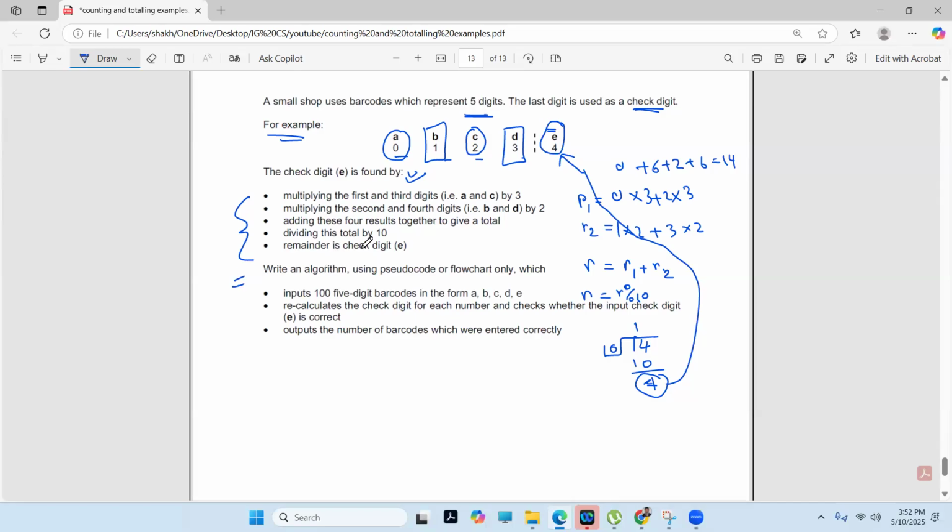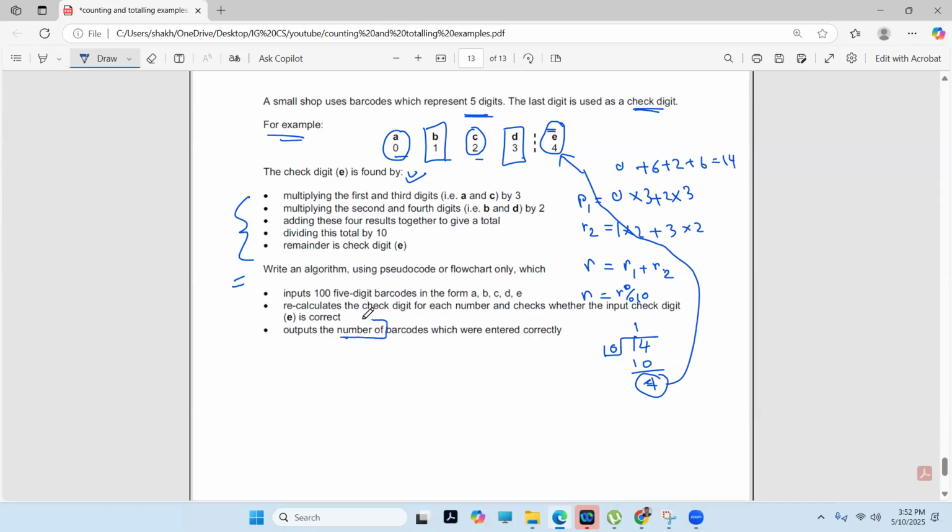They taught us how to implement the logic. Write an algorithm using pseudocode or flowchart only, which inputs 10 5-digit numbers in the form A, B, C, D, and E. Recalculate the check digit for each number and check whether the input check digit is correct.